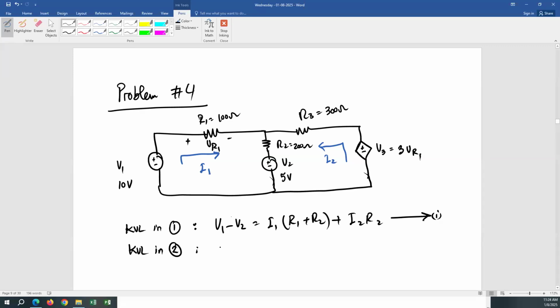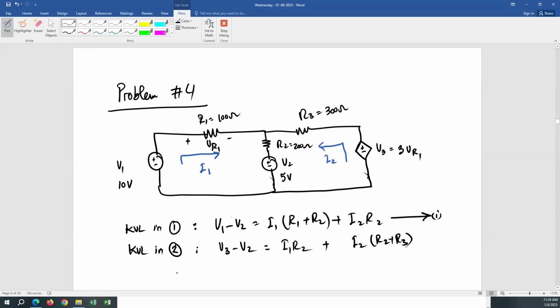V3 minus V2 equals I2 times R2 plus R3, and I1 R2, and then I'm going to put plus over here.